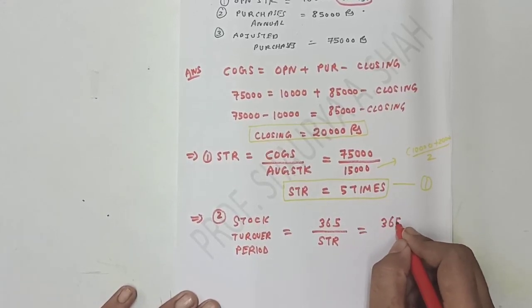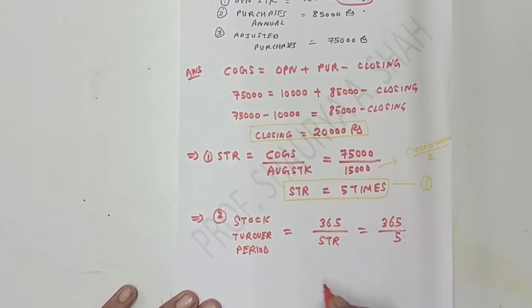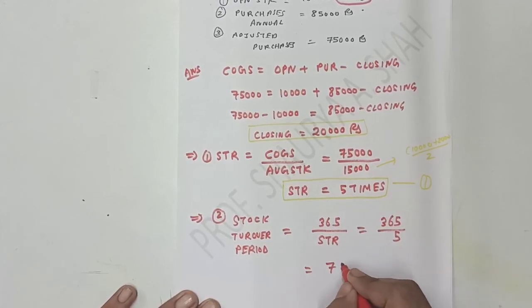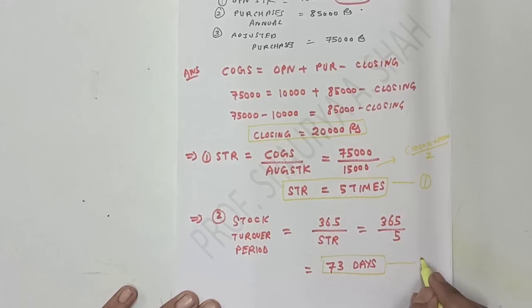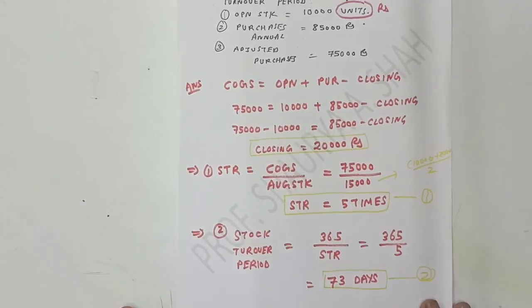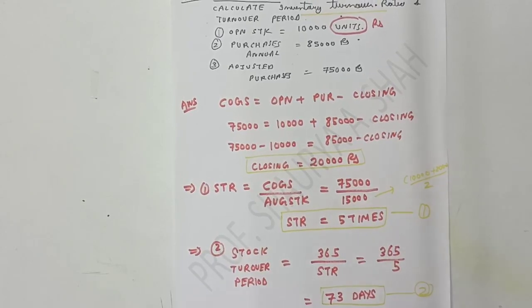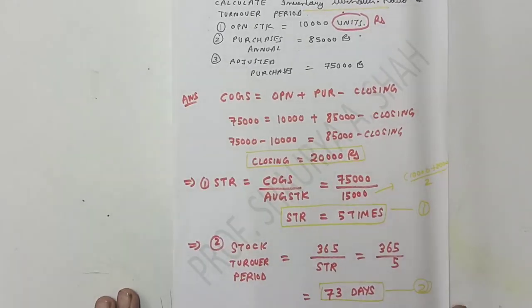So 365 divided by 5 gives the answer of 73 days. So on an average, on completion of 73 days my stock is turned over. Is it clear to all the students? You can note this down if you have not yet completed. Then we'll start with the next sum.